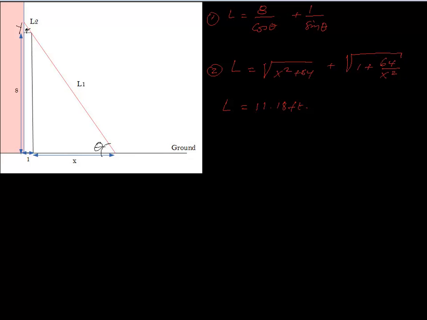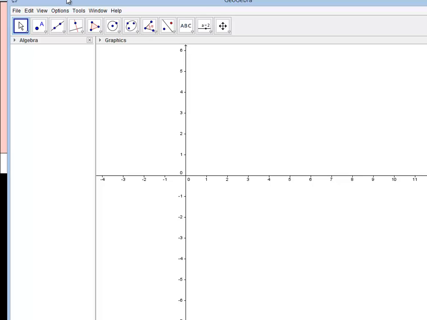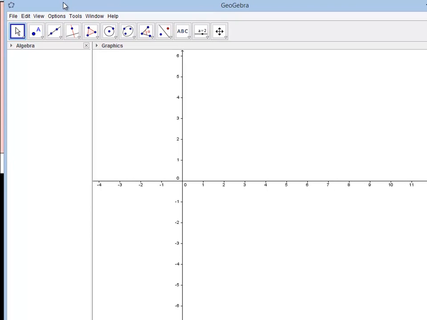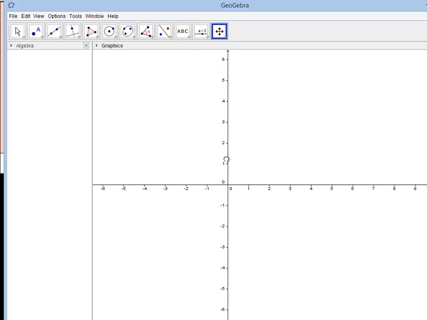I'm bringing up the tool. Let's go to GeoGebra. GeoGebra is a good tool for us to work on, and let's input the value of our function here.